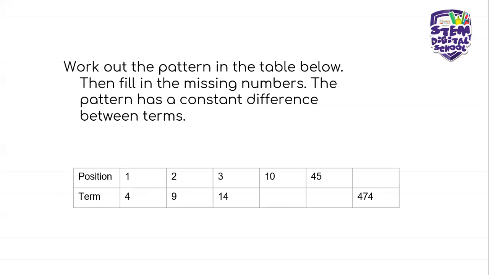Now remember, you can view the position as an input value there, and you can view the term as the output. So what we need is to find the constant difference in the output, meaning in the terms there. Is there anyone who can tell me what is the constant difference in our terms?